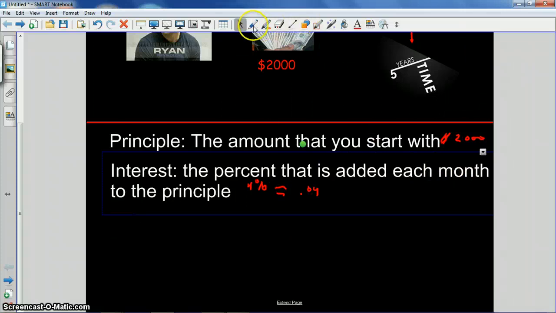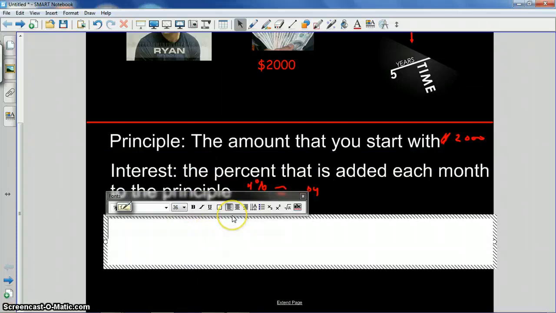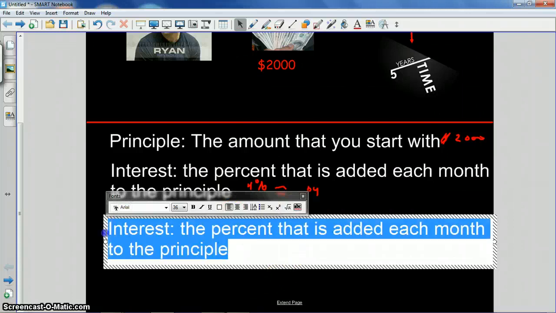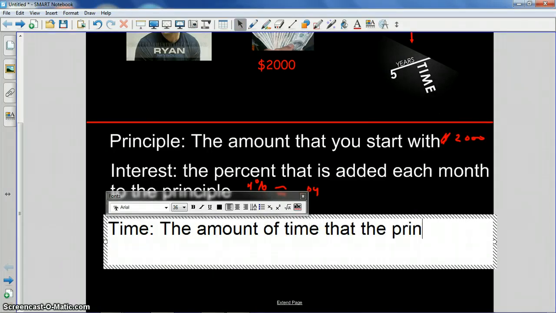So let's talk about the other word that we want to put here. Let's copy this and bring it down. The other thing we're looking for is time. The amount of time that the principal is borrowed or in the bank or whatever.